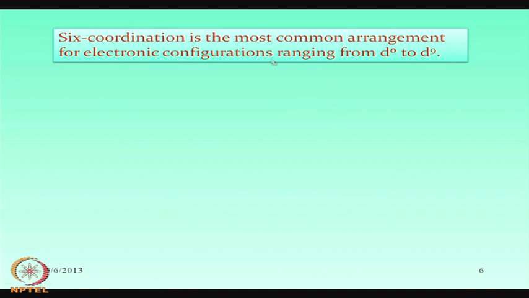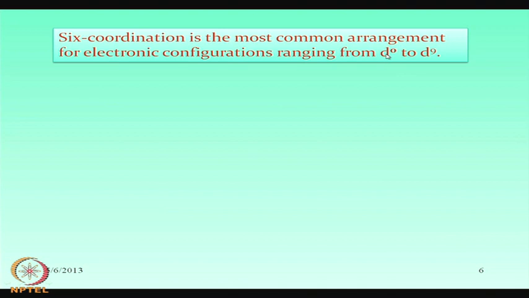What we see is that for most of these geometries, 6 coordination is the most common arrangement for electronic configurations ranging from d0 to d9. If the center is devoid of any d electron, that means molybdenum in +6 oxidation state, which is a d0 system but in the 4d level.